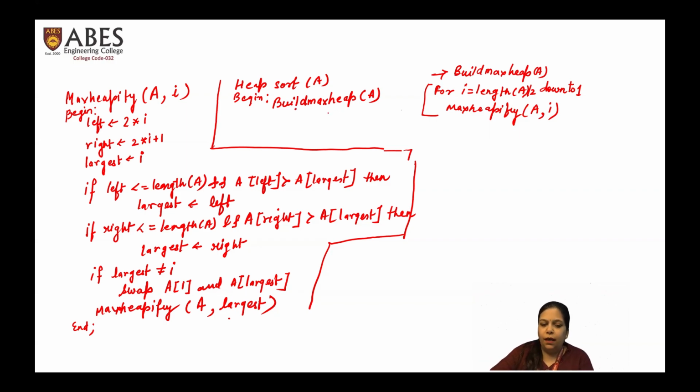Now, after the creation of a max heap, what do we have to do? We have to repeatedly swap the root node with the last node, and then heapify the root node.